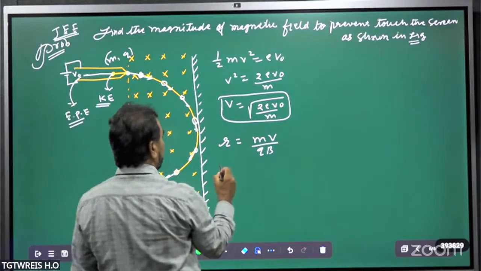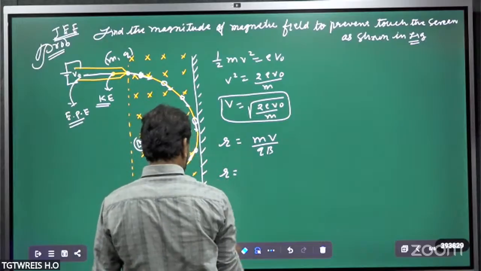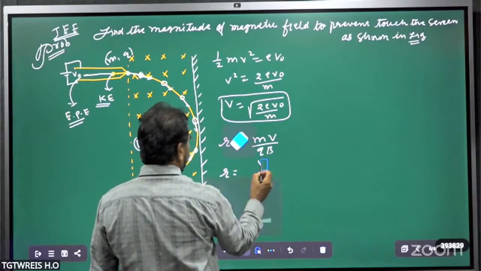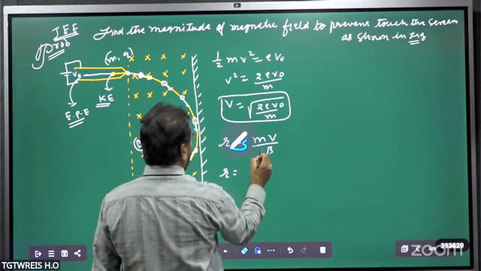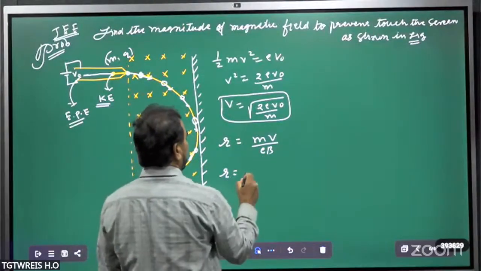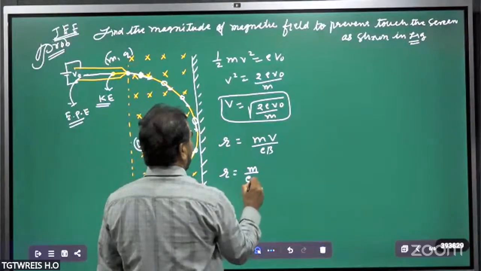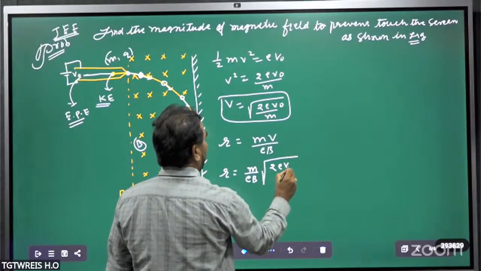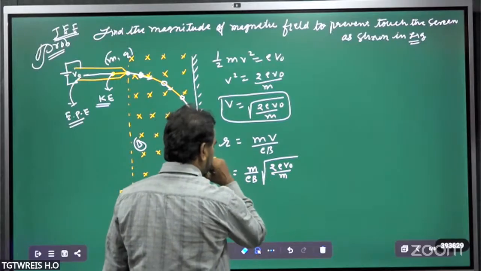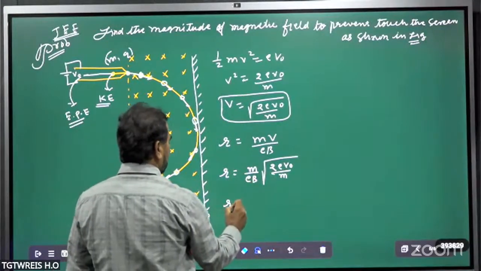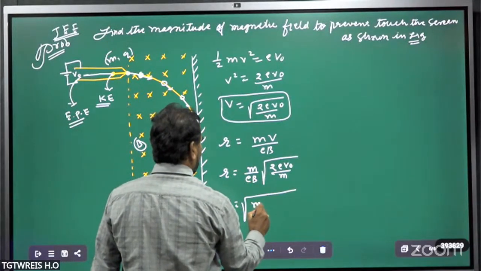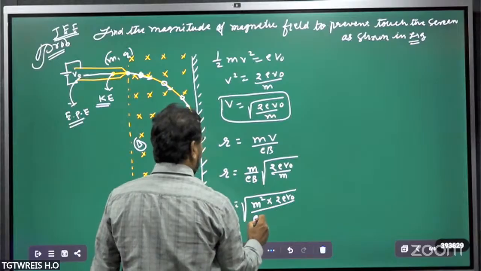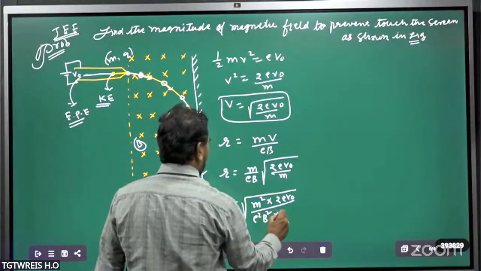The value of v is root over 2eV naught upon m; take that inside. R is equal to root over m square into 2eV naught upon e square B square into m.